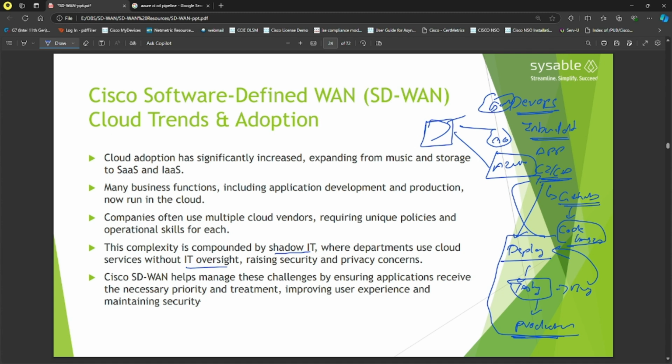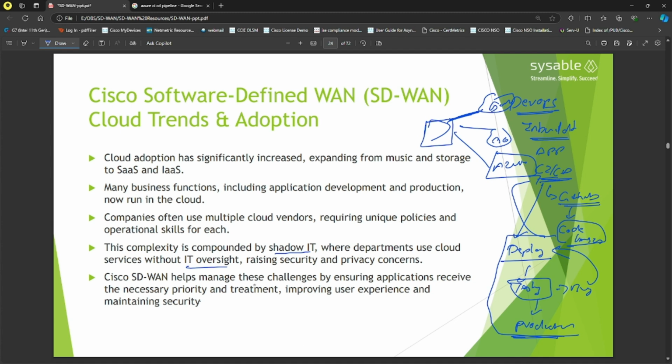That means you're not actually implementing the security, not getting all the visibility, to get the real data. Where departments use cloud services without IT oversight, there is no visibility, raising security and privacy concerns. So definitely when there is no visibility, you don't know what's happening and how much data the provider is looking into your actual production data.